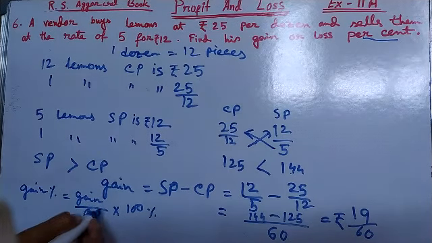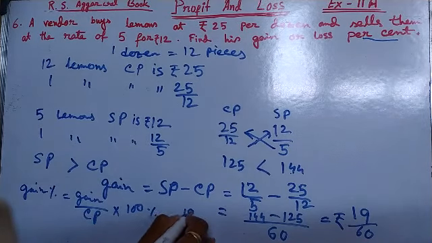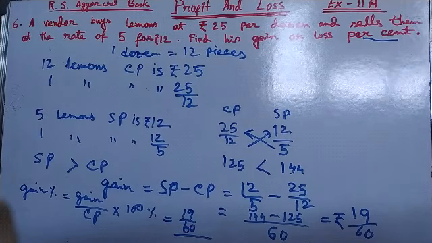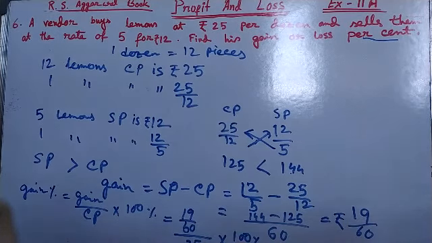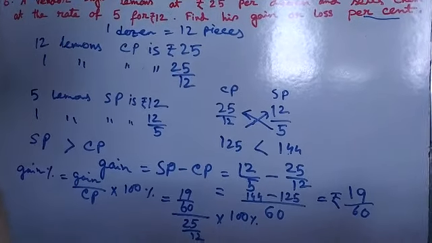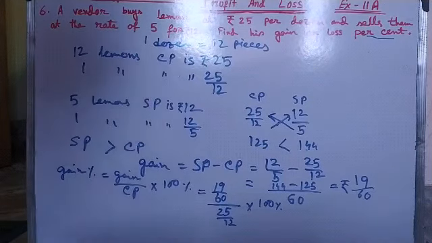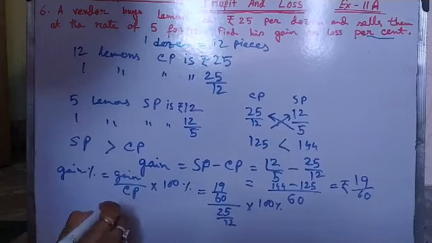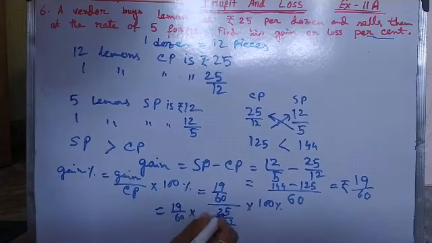That means gain percent is 19 by 60 divided by 25 by 12 into 100%. Calculate that one. So here 19 by 60 into, this will be reversed, 12 by 25 into 100%.